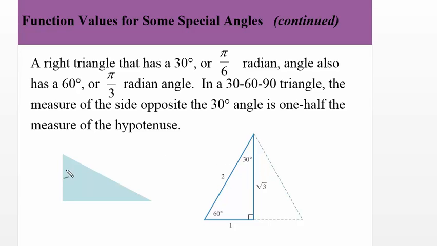All right, or what I like to do on this one, let's say this is the 30-degree angle here. If this is the small side, then I like to say the hypotenuse is doubled. Okay, and then there's a relationship between this side over here as well. It's always the square root of 3 times the small side on any 30, 60, 90.